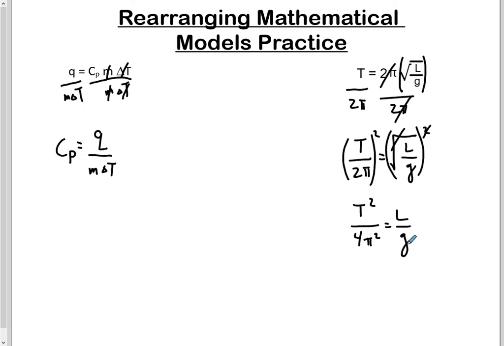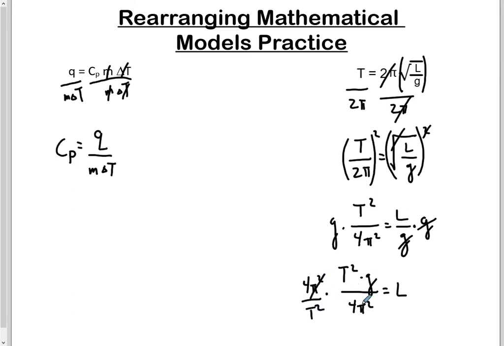And there's so many ways that you can do this. I'm going to do it like the long way. I'm going to multiply both sides by G. I know, this is the annoying way to do it. So now I'm left with t squared times G is equal to L over 4 pi squared. Now to get rid of this, I have to multiply both sides by 4 pi squared over t squared.